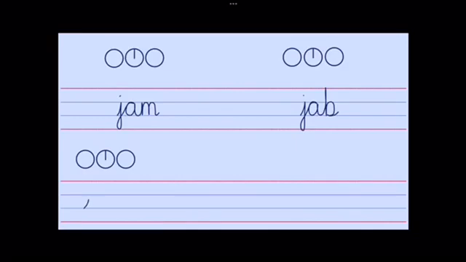J will be the letter J again, A, and G will be the letter G. Sometimes this word can mean the make of a car, and sometimes it means having an injection. So it's a word that may be used in 3 different ways.